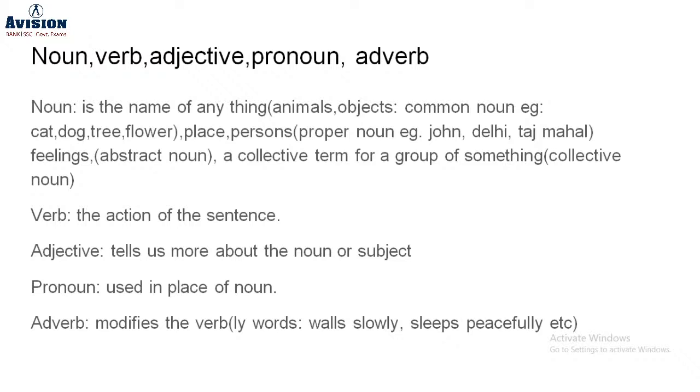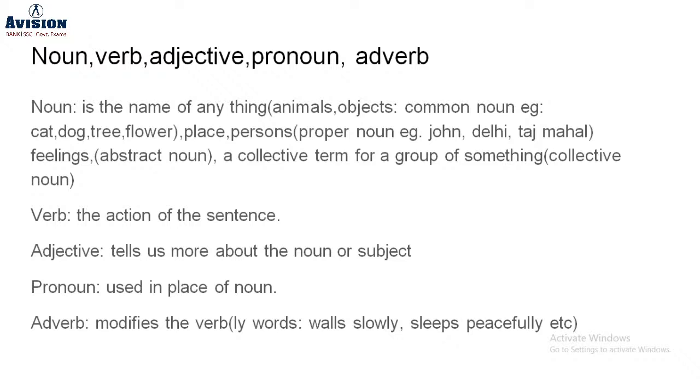She is a good girl. In this sentence, good is an adjective. Why? Because it modifies, or tells you more about, the noun girl. What kind of a girl is she? She's a good girl.